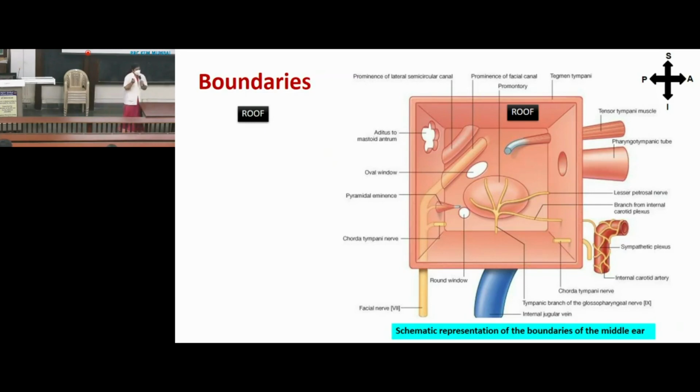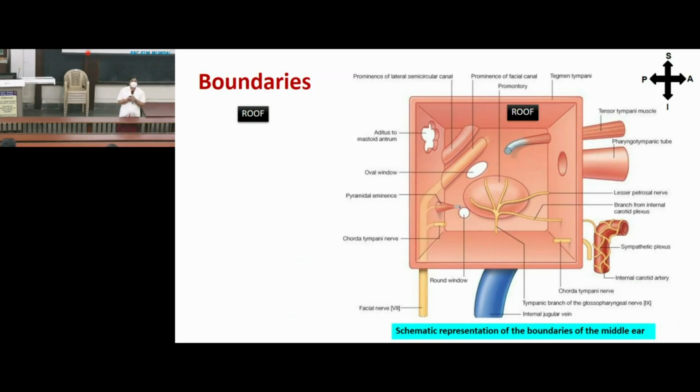Are there any important structures related along the roof of the middle ear cavity, or tegmen tympani? Do you remember? While studying the middle ear cavity, you must have learned these structures. There are 2 nerves passing along the roof. Which 2 nerves?